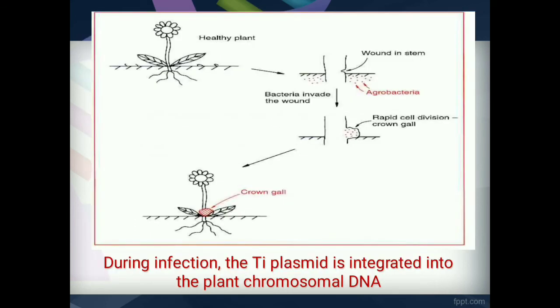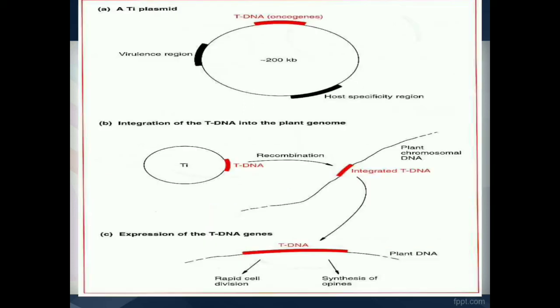During infection, the Ti plasmid is integrated into the plant chromosomal DNA. Here you can see the crown gall. Here you can see the image of the Ti plasmid and also the integration of T-DNA into the plant genome.